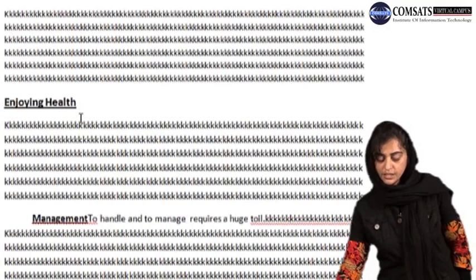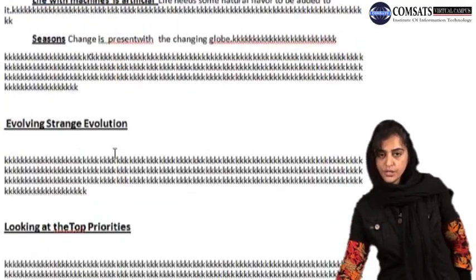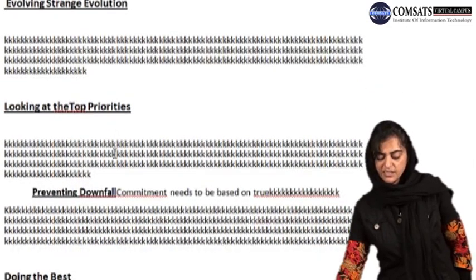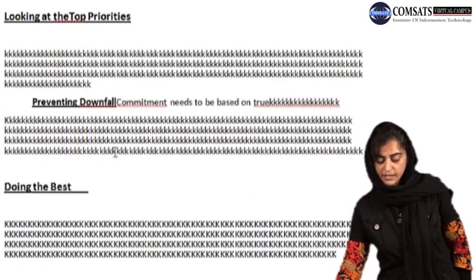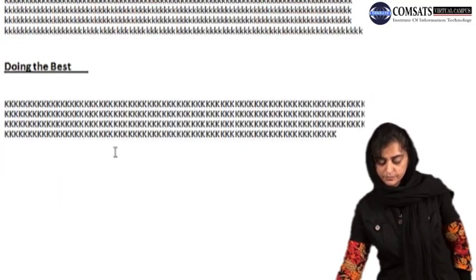Enjoying health, third degree variant type. Evolving strange evolution, third degree variant type. Then looking at the top priorities, third degree variant type. And then doing the best, third degree variant type.